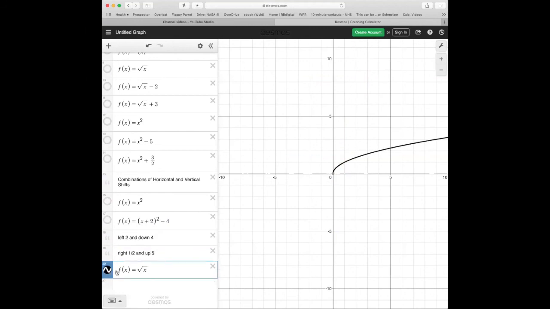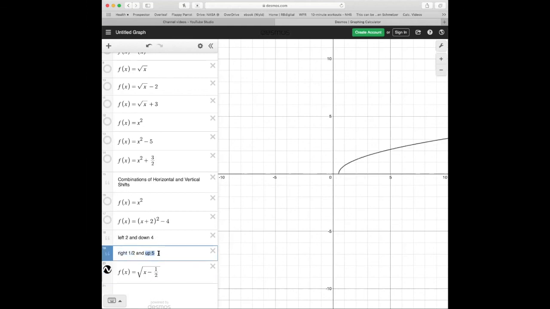How would we have to change this equation to move right 1/2 and up 5? Well, right 1/2 is a horizontal shift. Horizontal shifts happen inside my basic shape, inside with the x. To go right, I'm going to have to subtract 1/2. And notice that's exactly what that did. That shifted our function right 1/2.